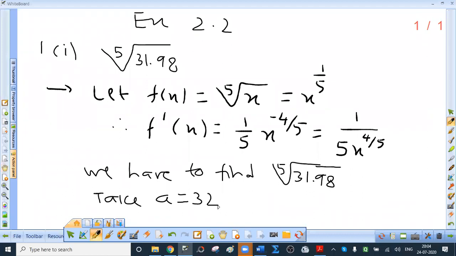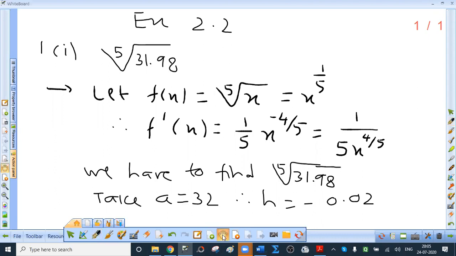So what will be the value of h? So in that case h will be minus 0.02. I hope you understand this. See, total should be 31.98 only. Okay. So minus 0.02. This is nothing but h.